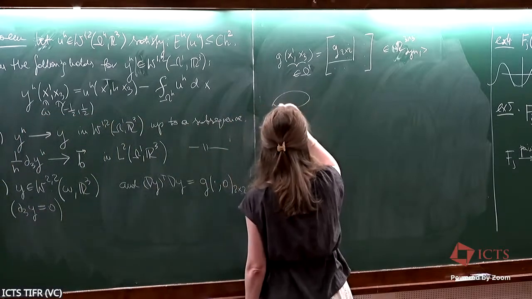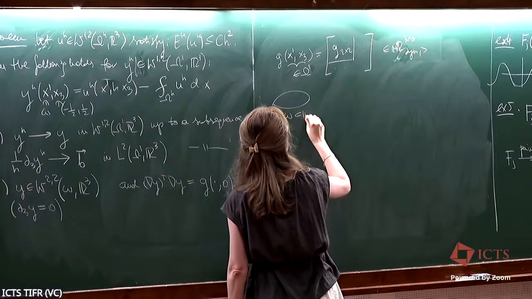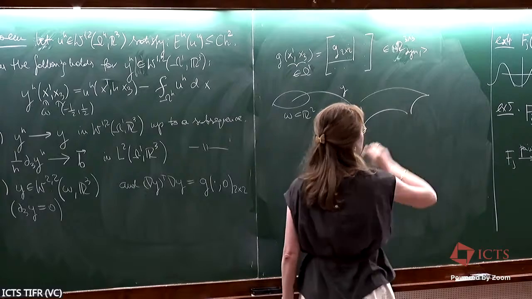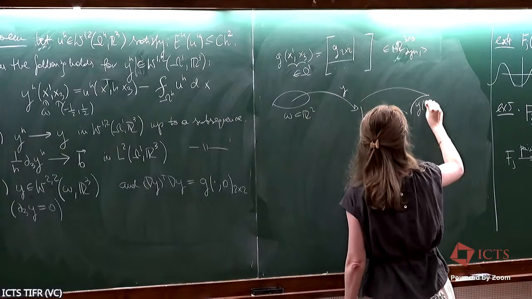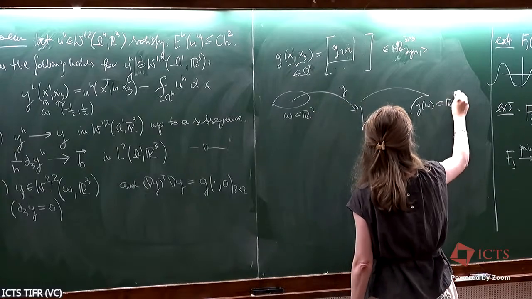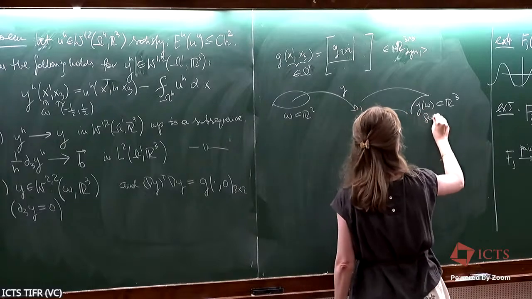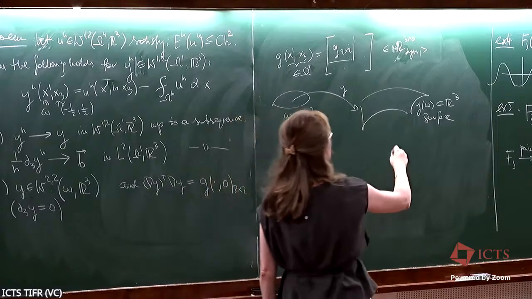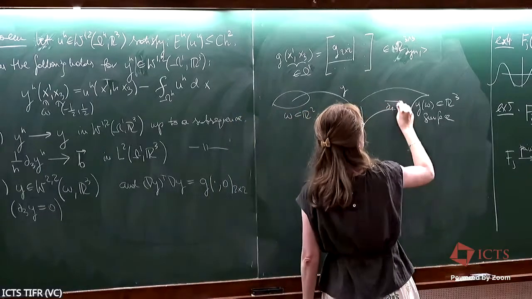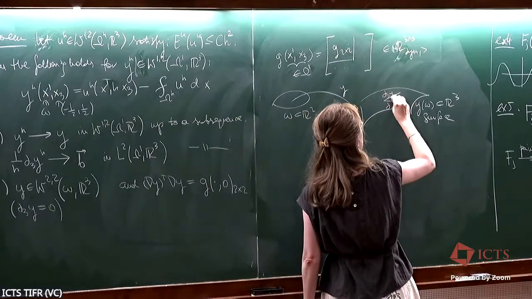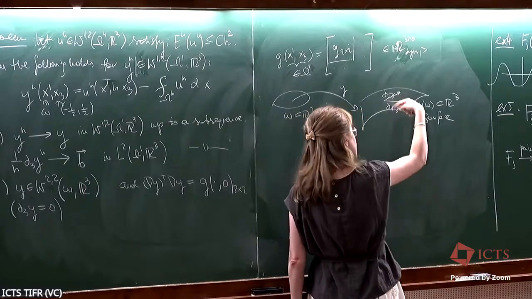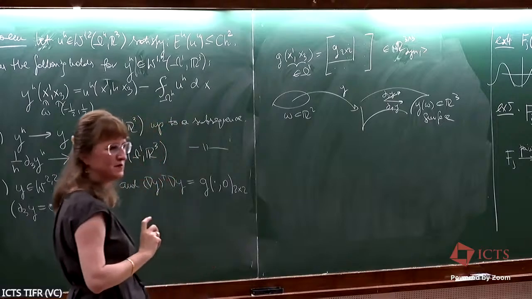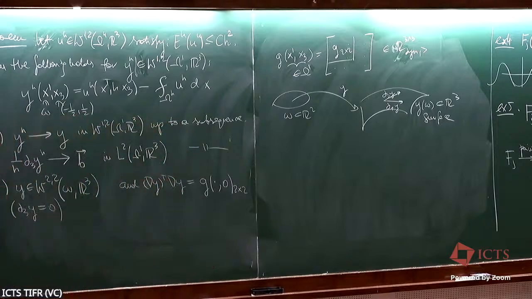You have your omega, 2-dimensional, and y gives you a surface, y of omega, sitting in 3 dimensions. On this surface you have tangent vectors d1y, d2y, such that the scalar products between them are determined exactly by the 2 by 2 minor of G.